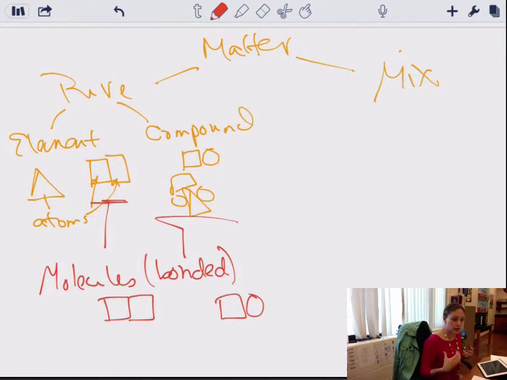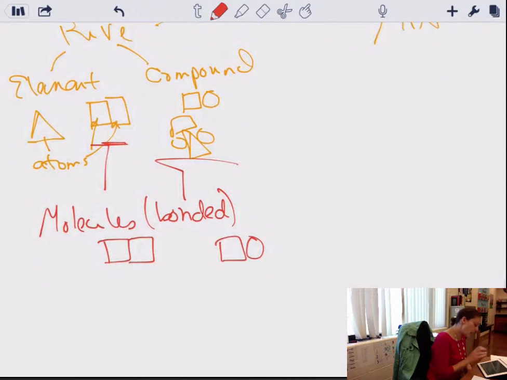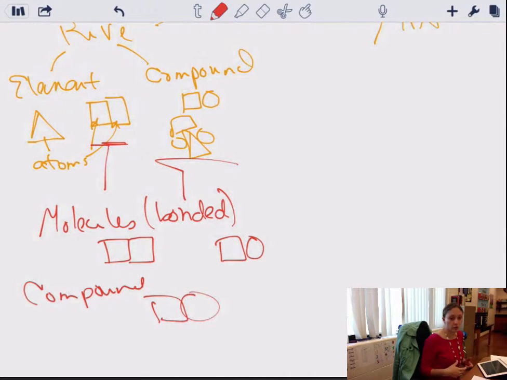They just have to be bonded together. Compounds are particular, like I said here. A compound has to be two or more different ones that are bonded together. So notice how this little guy here fits in both categories. He's both a molecule and specifically a compound.